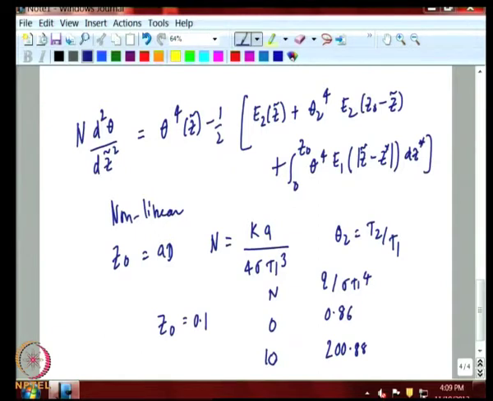Notice that this quantity can go above 10 also if A is much greater than 1, that is, the absorption coefficient is much larger, then also n becomes large.